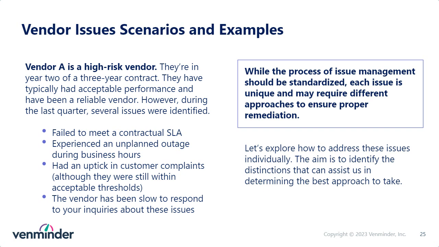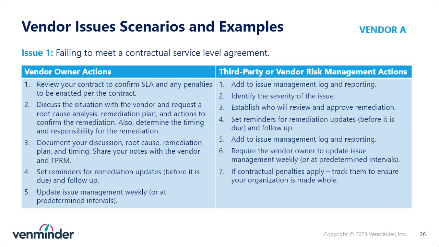So let's go through each of these issues and keep in mind that our process is standardizing, but our approach to each issue and getting it remediated can vary. All right, what about that missed SLA? The first thing we want to do is have the vendor owner review the contract and confirm the SLAs and determine if there's any penalties that will need to be enacted.